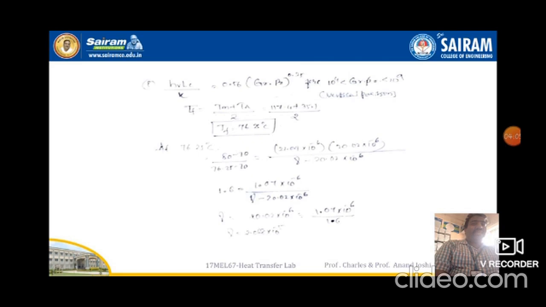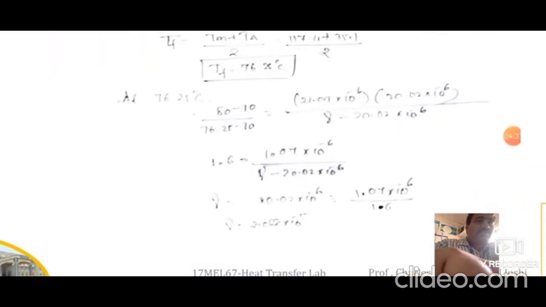At this point we have to calculate the various properties of the fluid. At 76.25 you won't get direct values from the heat transfer data handbook, so we calculate them using the interpolation method at that temperature. First is the kinematic viscosity, which we found to be 2.068 into 10 to the power of minus 5.